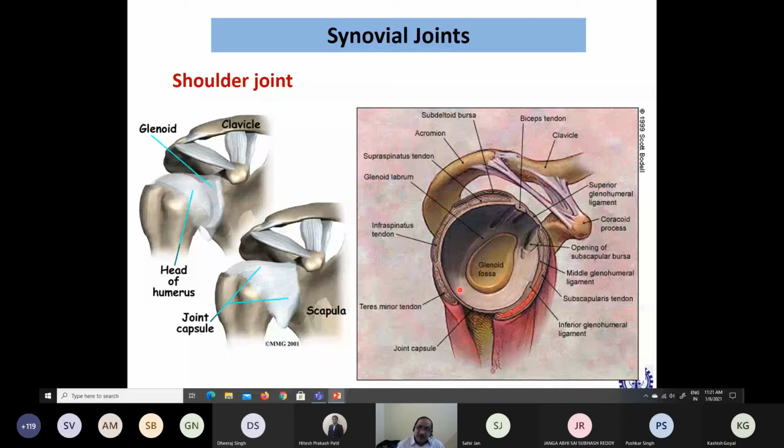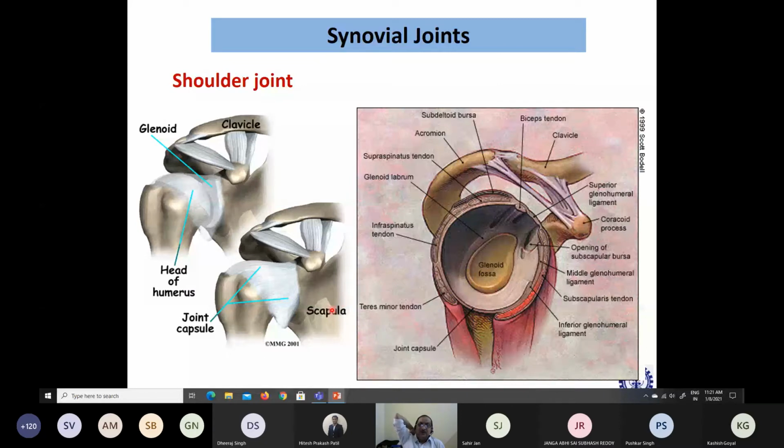The shallowness of this glenoid cavity can vary from one person to the other. It is a hemispherical cavity over which the humeral head articulates. This glenoid is part of the bone scapula, which slides over the posterior part of the rib cage.